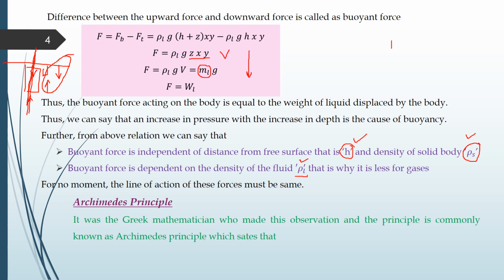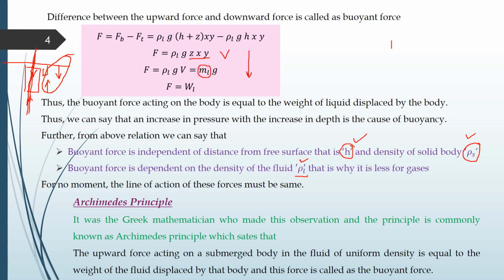Based upon these observations, Archimedes' principle is there. It was a Greek mathematician who first observed these things, and the principle was named Archimedes' principle, which states that the upward force acting on a submerged body in a fluid of uniform density is equal to the weight of the fluid displaced by that body, and this force is called the buoyant force.